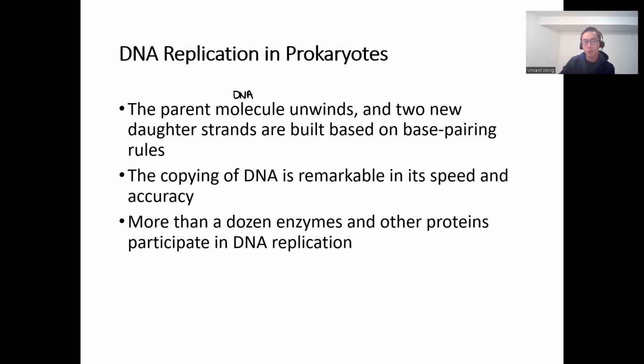This happens at a rate of 1,000 base pairs per second for prokaryotic cells, for bacteria, and they have up to 4 million base pairs in an E. coli genome, all of its genetic material. So that's like typing 1,000 letters per second and not making a mistake. And if it makes a mistake, then most of the time it's able to correct it.